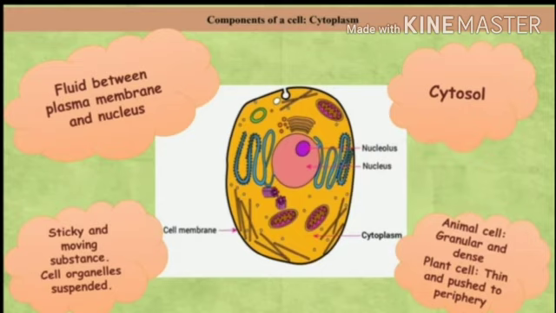Cytosol stores vital substances like amino acids, glucose, vitamins, etc. In the animal cell, cytoplasm is more granular and dense, while in the plant cell it is thin and mostly pushed to the periphery due to a large central vacuole.